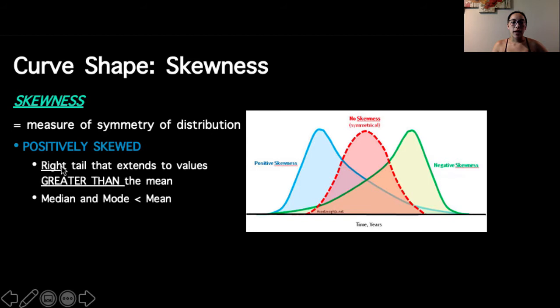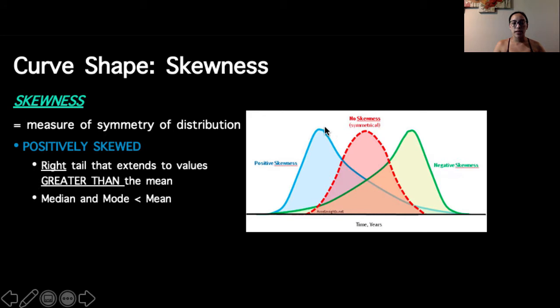Okay. So positive skewness, tail extends to values that are greater than the mean, which means that our calculations of central tendency are no longer going to be equal to each other. The median and the mode might still be relatively similar because they're not really affected by extreme scores, but the mean is going to change.